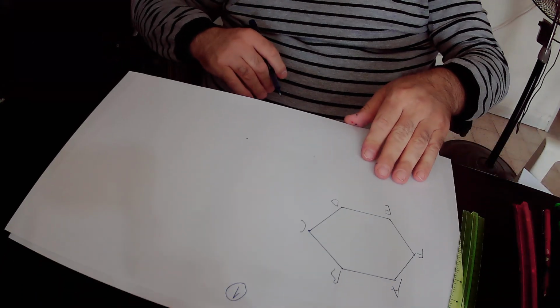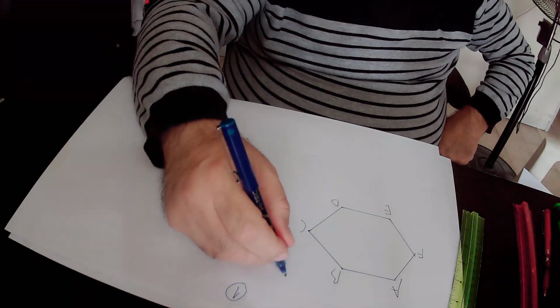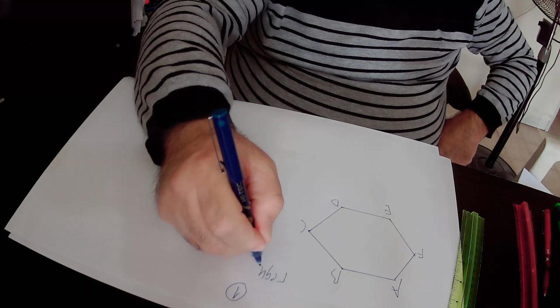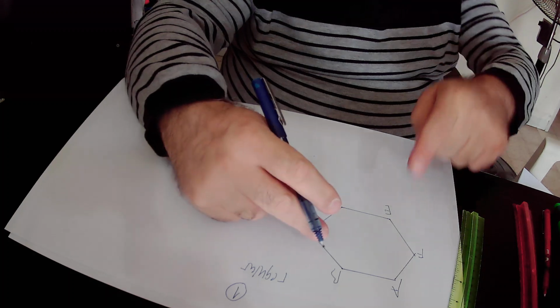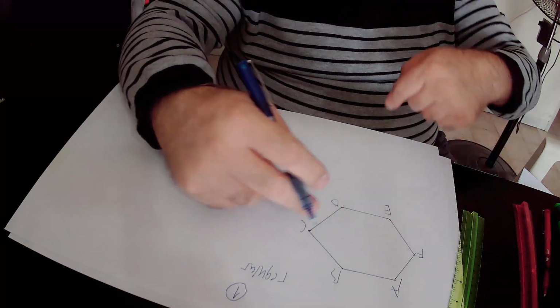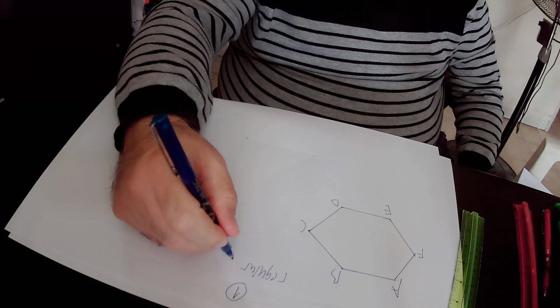Here A, B, C, D, E, F, it is a regular hexagon. That is to say, all of its sides are equal to each other, and also all of its six interior angles are equal to each other.